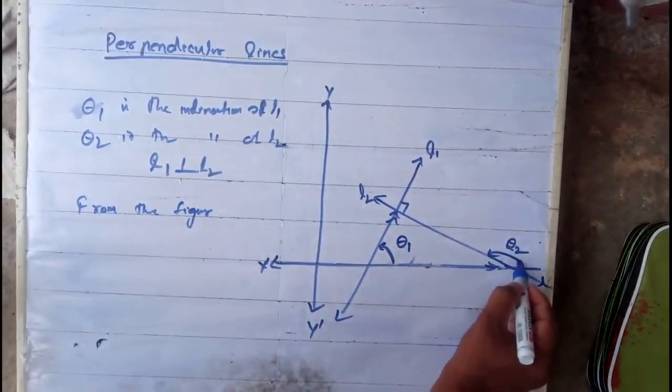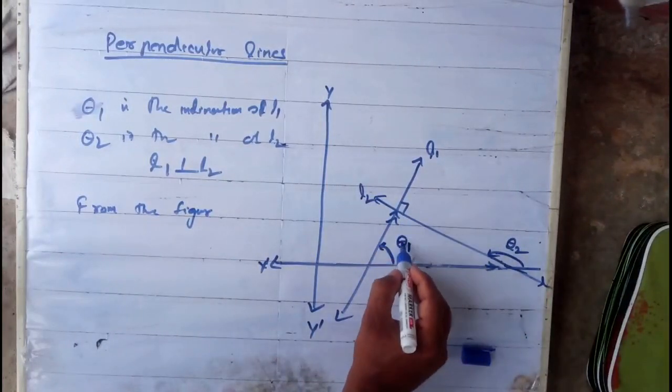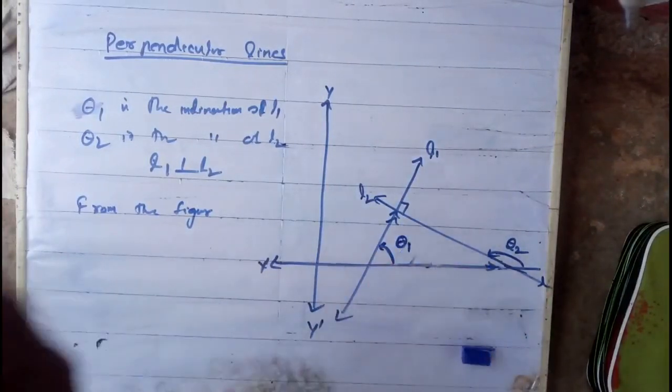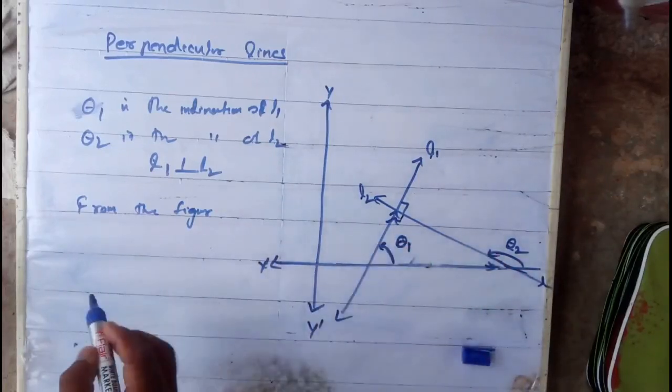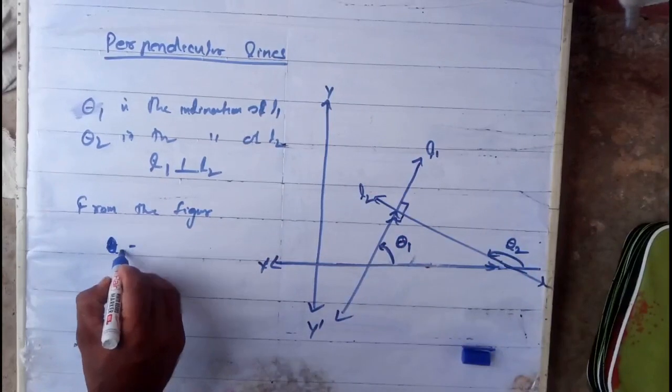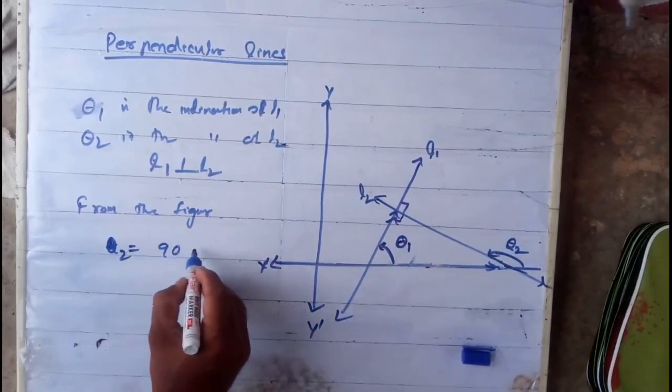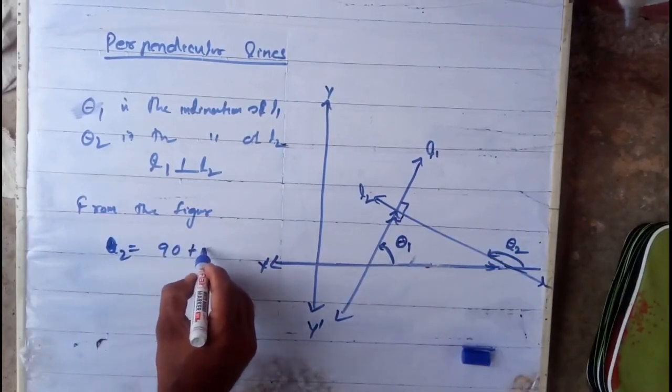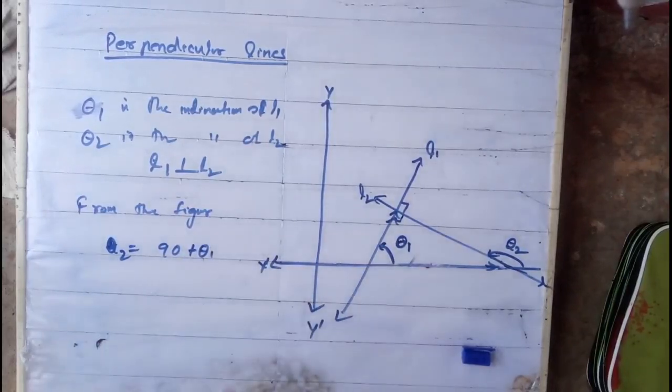this is an exterior angle and this is an interior opposite angle of this triangle for this exterior angle, and this is also 90. I can write theta 2 is equal to 90 plus theta 1.